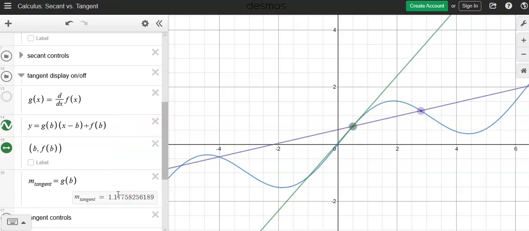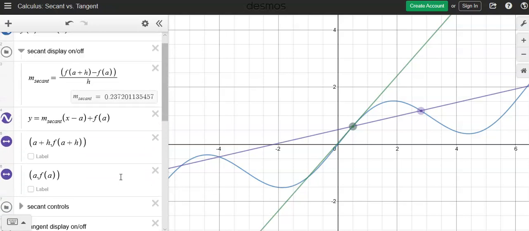I wish I could write it down, but I can't use my marker when I've got Desmos open. I found that out the hard way. Here is the slope of the secant line. Right now, Desmos has calculated it to be approximately 0.237. The slope of the tangent line is, again, about 1.177.